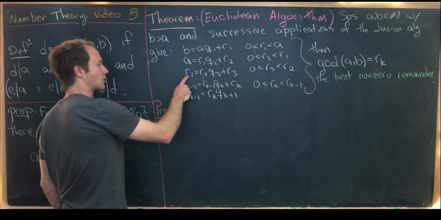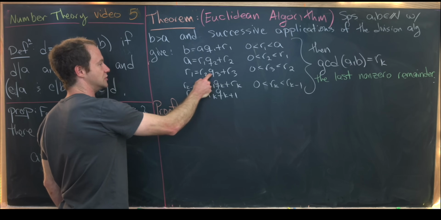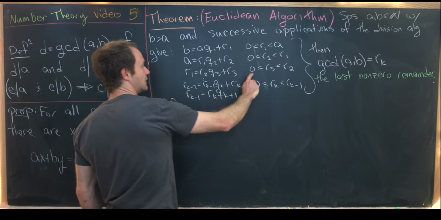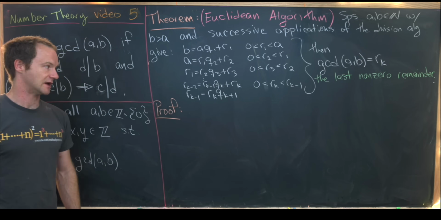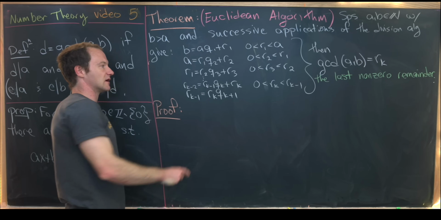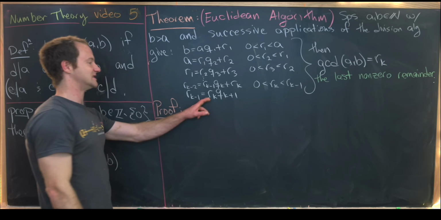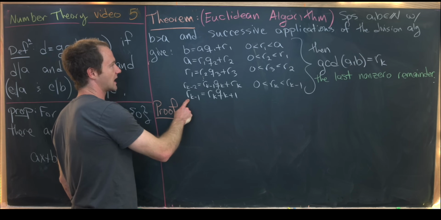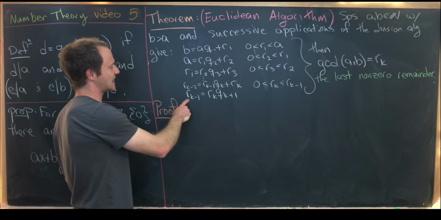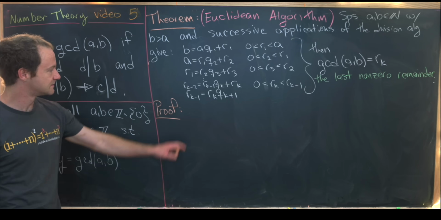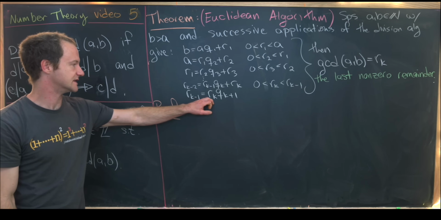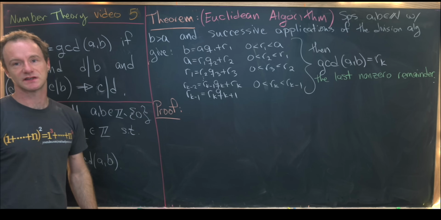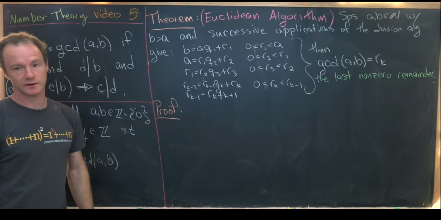So notice we've got r1 divided by r2 with a quotient of q3, a remainder of r3, and then we've got this ordering on our remainders, all the way down to our very last step, which is the k plus first step in this process. We've got r_{k-1} is r_k times q_{k+1}. And that plus 1 is in the subscript there. There is no remainder here.